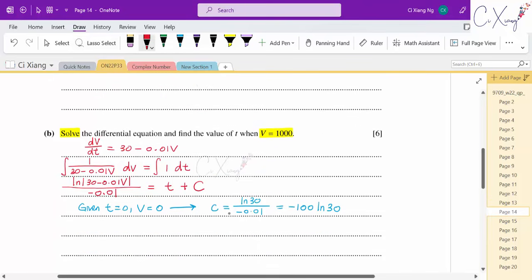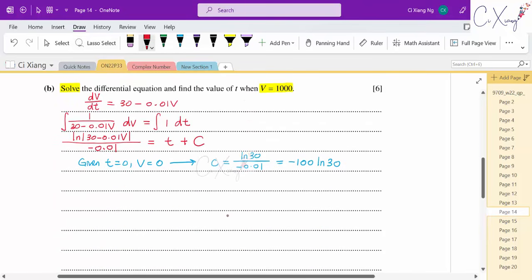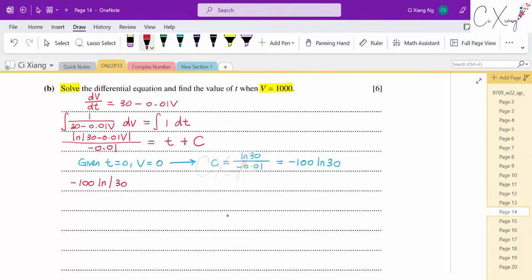After I get the value of c, I make my equation the particular solution, which is negative 100 ln(30 minus 0.01V) equals t minus 100 ln 30.